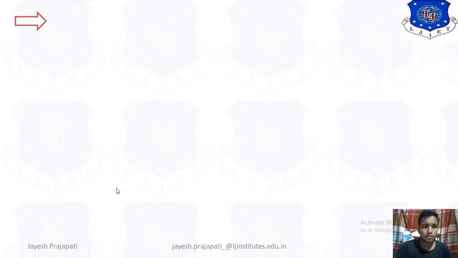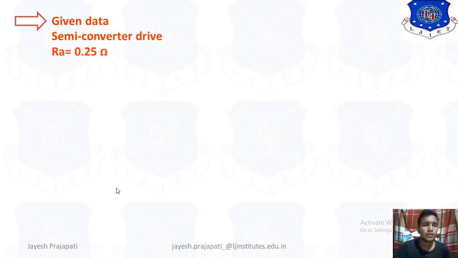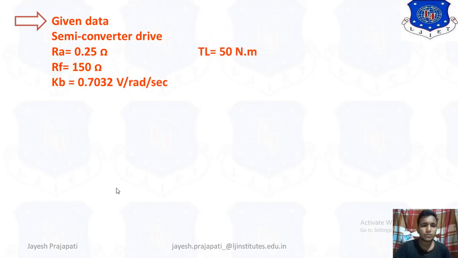Now the given data for this example, the semi converter drive: Ra is equal to 0.25 ohm, Rf is equal to 150 ohm, Kb is equal to 0.7032 volt per radian per second, TL is equal to 50 Newton meter at 1000 rpm, and supply voltage is equal to 230 volt.